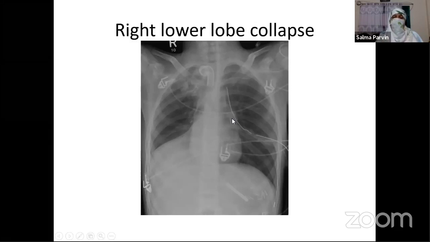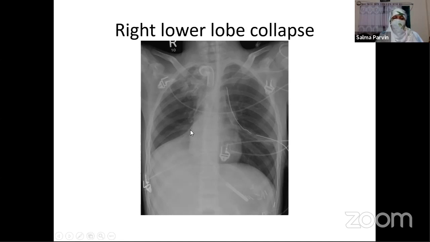This is basically a very acutely ill patient, and the density has the fissure here displaced upward, and this is a right lower lobe collapse that is skewing the right hemidiaphragm line and also part of the right heart border.